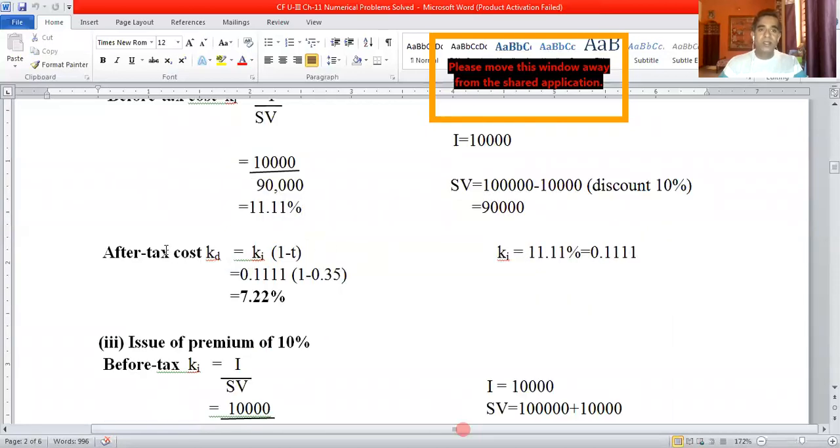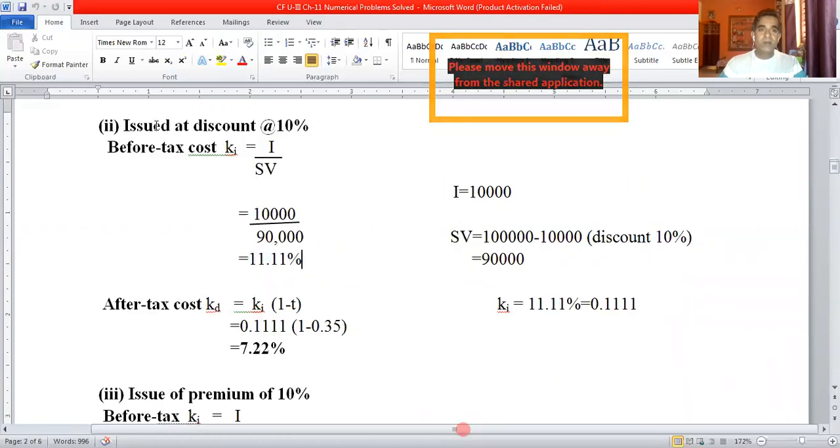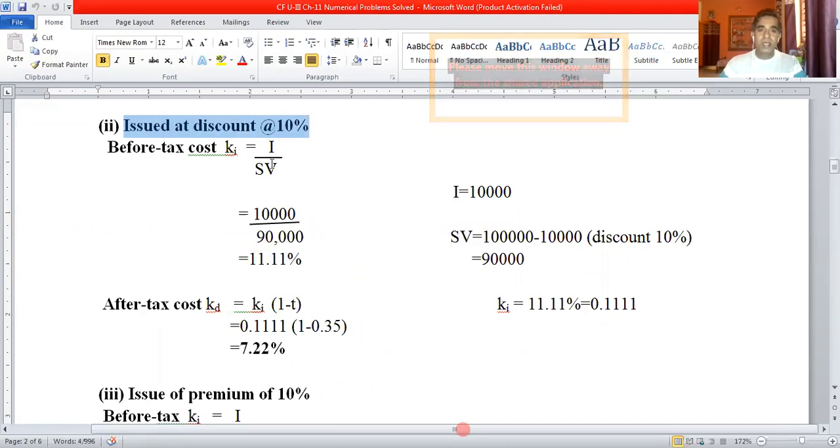Similarly, I'll go ahead and calculate the after-tax cost of debt when the debt is issued at 10% discount. I know how to simplify the formula: I divided by SV is KI into 1 minus T. We already know KI is 11.11%. If I convert it into decimals, it will become 0.1111 into bracket 1 minus T. T is the 35% tax rate, which converted into decimals becomes 0.35.